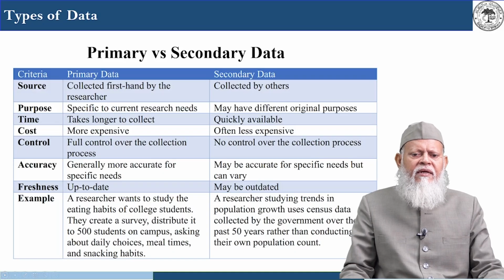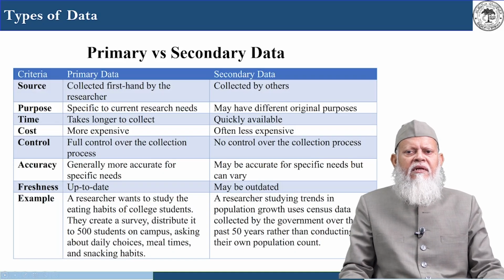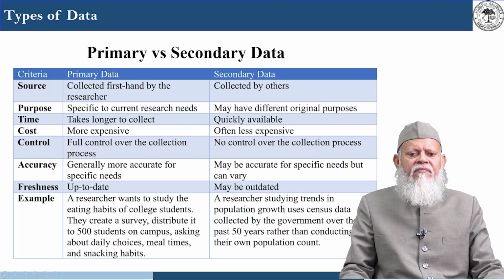But normally the secondary data is less expensive. Control: in primary data, there is full control over the collection process, whereas there is no control over the collection process in the secondary data.